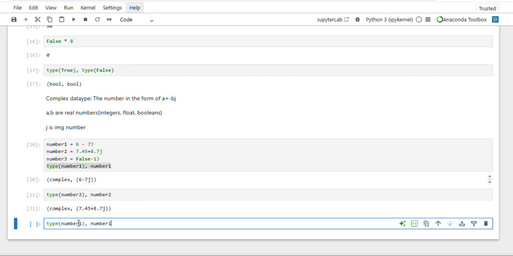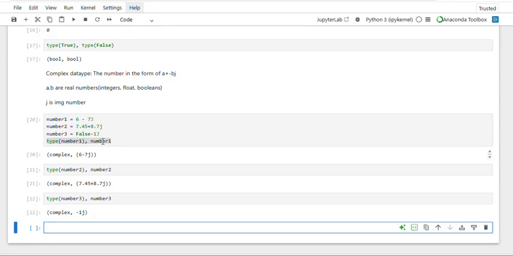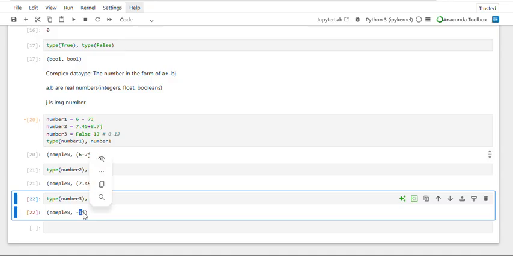Even that is complex itself. And let us take the third one, it is also complex, because False is 0, you have to remember. So False is 0 minus 1j, so obviously you'll get minus 1j as the output.